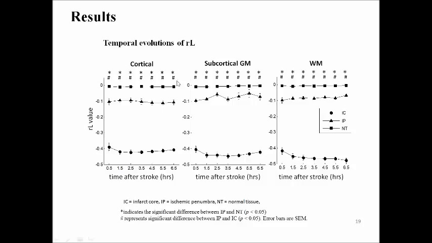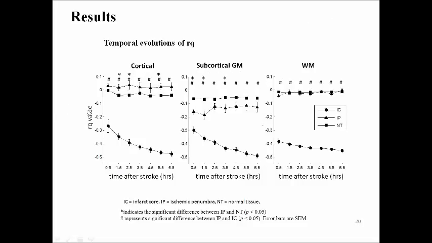Significant differences in RL values were found between IP and IC and between IP and NT at each imaging time point for all tissue subtypes. The RL value in IC exhibited a monotonic decrease from a reduction of 28% at half an hour to 50% at 6.5 hours in both cortical and subcortical gray matter.